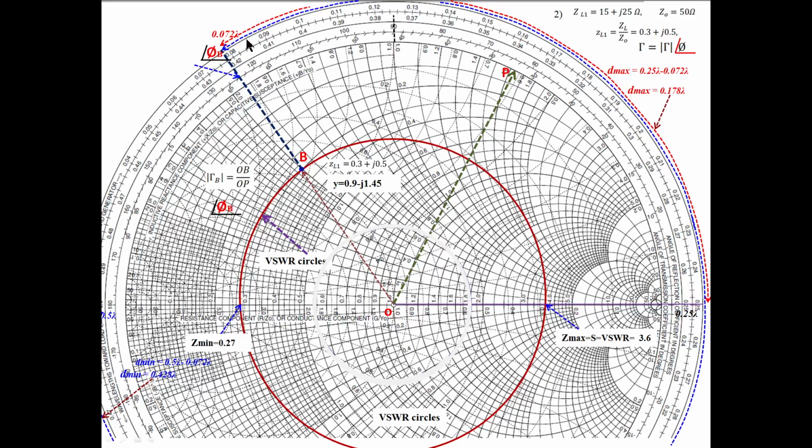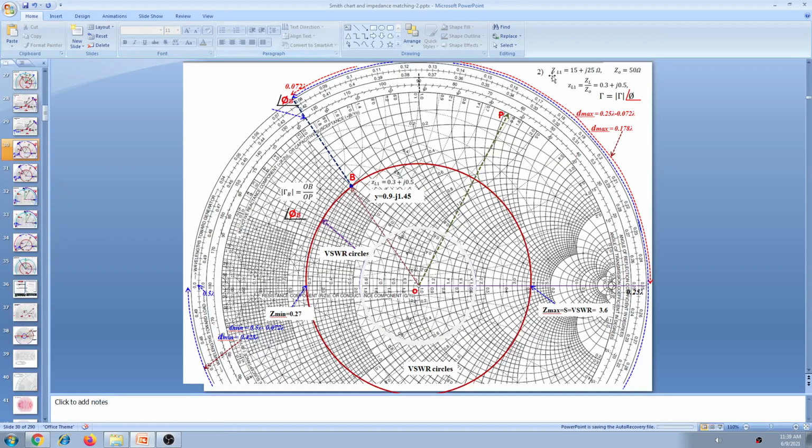So what value do we have to read here? Is what I have marked here correct? This value is 0.078, and here also 0.078, because it is 0.08 here and one division behind.